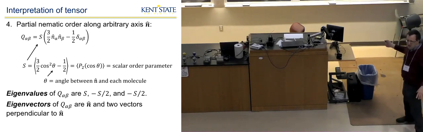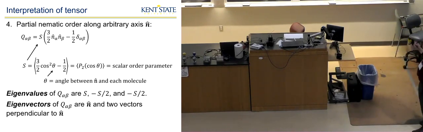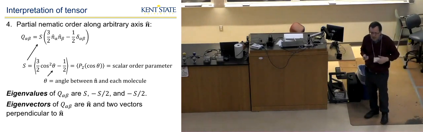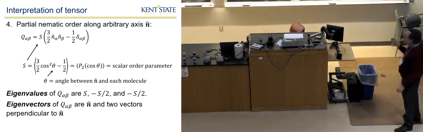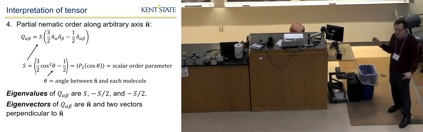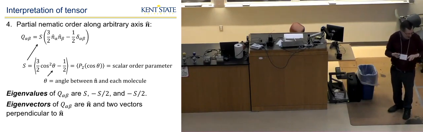The way to work with this is remembering eigenvalues and eigenvectors. When you're working with a tensor like this, the eigenvalues are S and negative S over 2 and negative S over 2. They add up to 0 because the tensor has to be traceless, as was the question a few minutes ago.